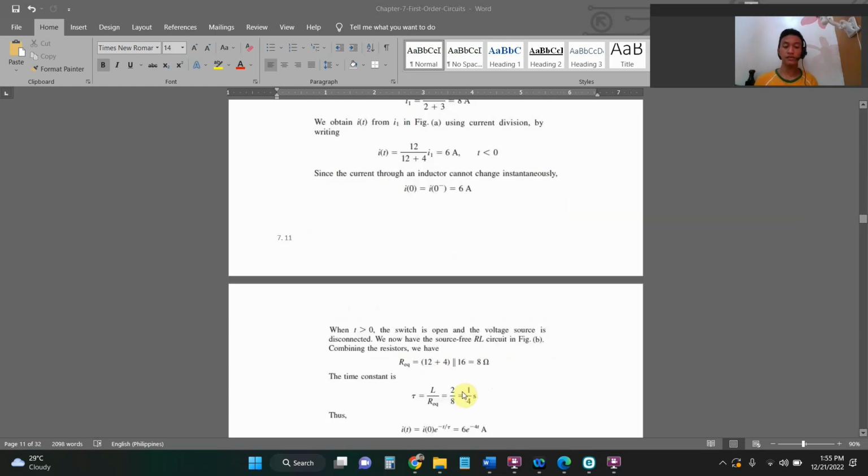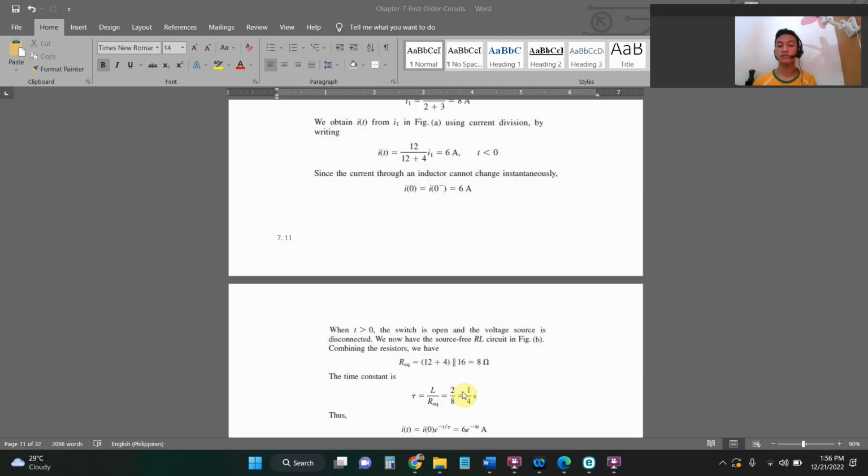In other terms, when t is greater than 0, the switch is open and the voltage source is disconnected. So we now have the source-free RL circuit. Combining the resistors, since 12 and 4 are in series, after adding them, the result is now in parallel with 16 ohms.